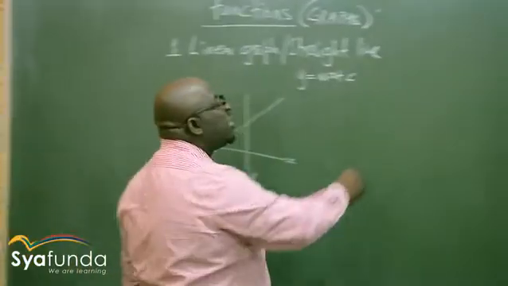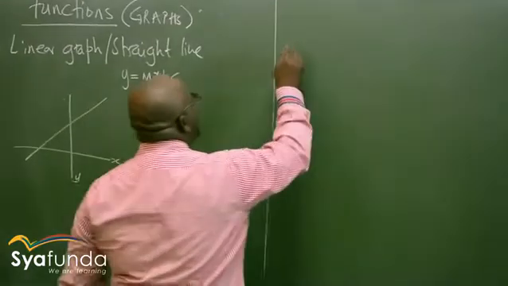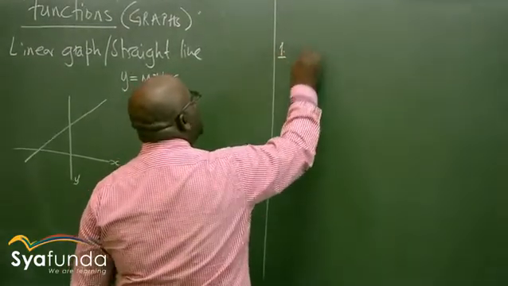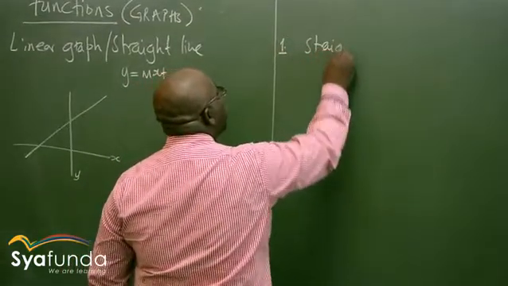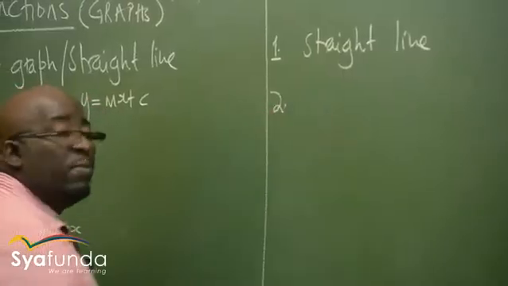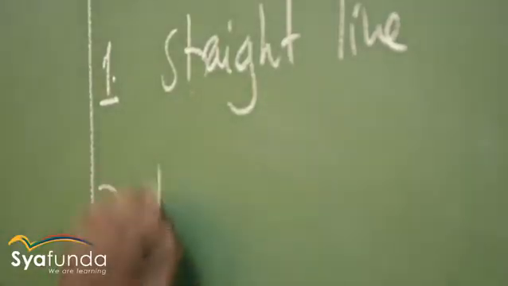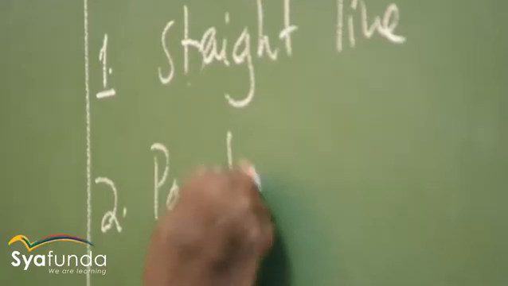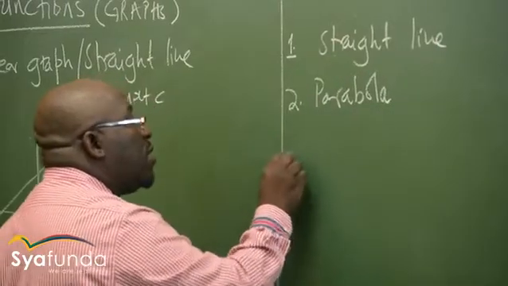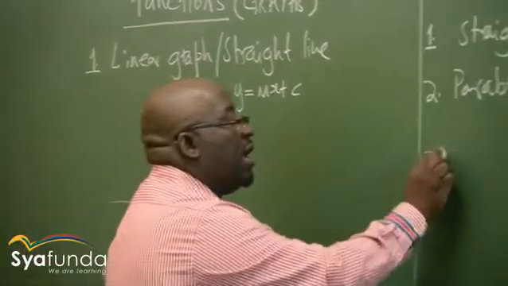But I want us to have an overview of all the graphs first. I said there are 5 in all. The first one is straight line graph. The second one that we'll be dealing with is a graph called the parabola, or the quadratic function. The third one is a graph called the hyperbola, hyperbolic graph.